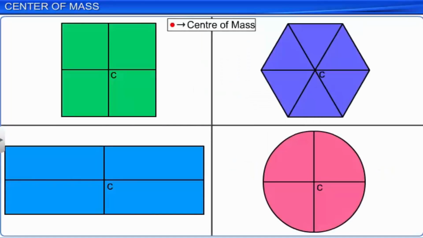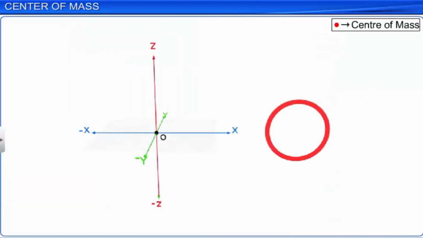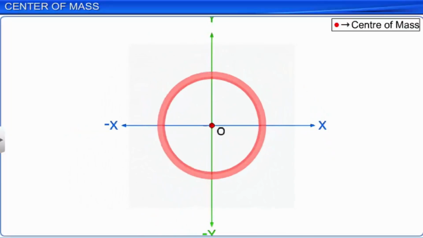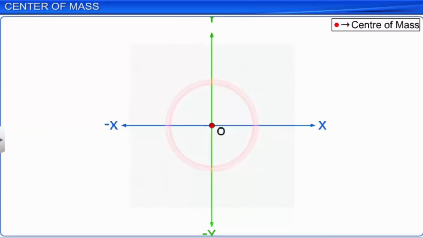We can make use of symmetry considerations while finding the center of mass of homogeneous and regular shaped bodies. For example, let us consider a homogeneous ring of radius r on an xy plane. Let us position the origin at the geometric center of the ring. If we consider a small element of mass dm in one direction, because of reflection symmetry, there is an identical element of mass dm in the opposite direction.